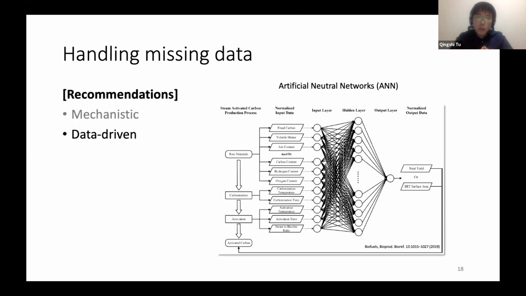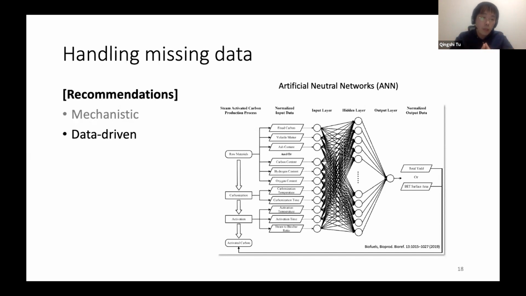So this is an example where you apply machine learning. In particular, this is an artificial neural network model where you have the input. This is basically predicting yield of biochar generation. In this case, you know your raw material, you can measure the carbon content. You also of course know the activation conditions, the temperature and time for your experiment.